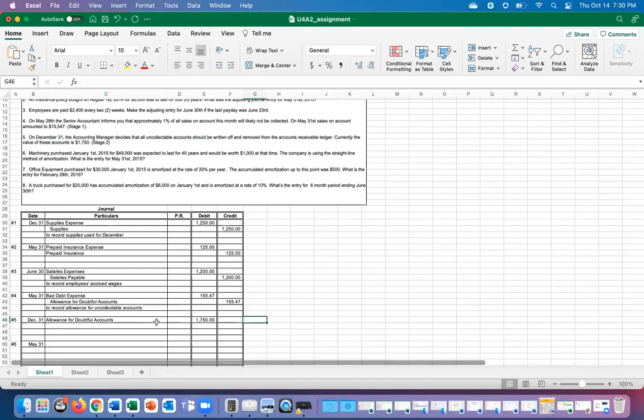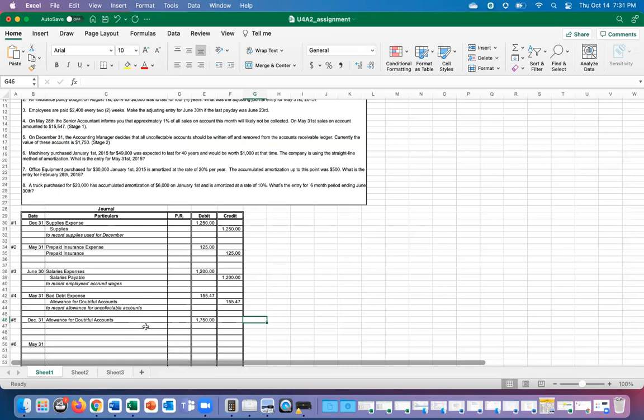Okay, and you'll notice that we're doing this as a debit, and in the previous transaction, we did it as a credit in the allowance for doubtful accounts. So that's because in this one, we are decreasing the allowance for doubtful accounts. We're taking this off the books and we're getting rid of it. So we're no longer making an allowance for it because we're also going to be getting rid of it out of our accounts receivable.